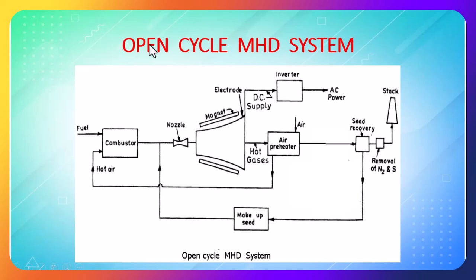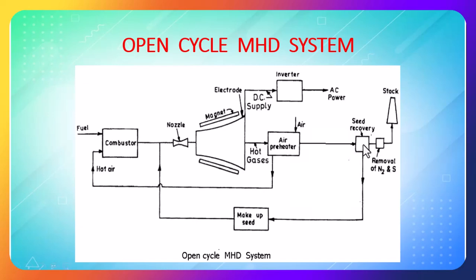When you say open loop, the air coming out of our generator will go to the preheater. Preheater means it will have some more heat. That heat we can try to tap by taking inlet air and heating it and bringing it to our input side. Next, the remaining air, where the heat is removed, is sent to seed recovery.